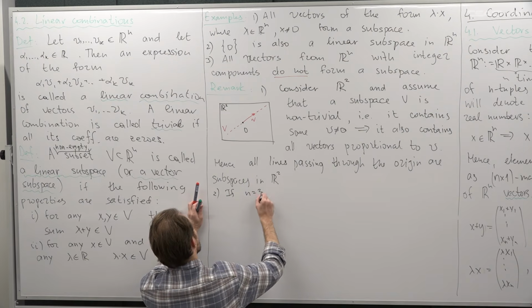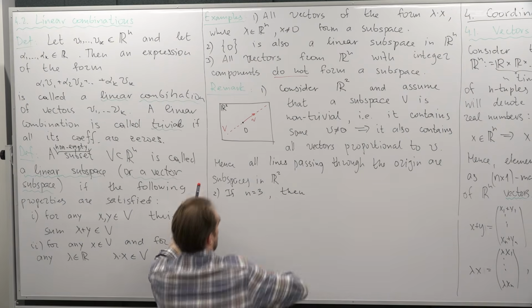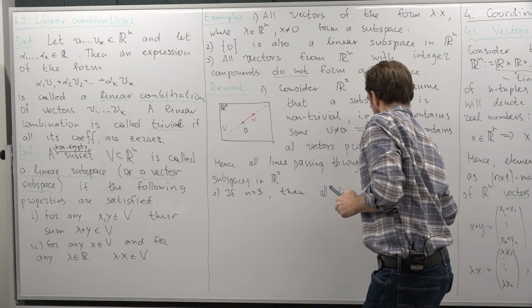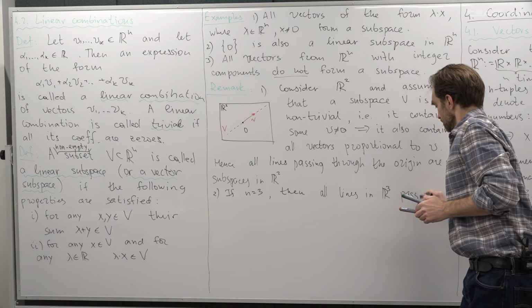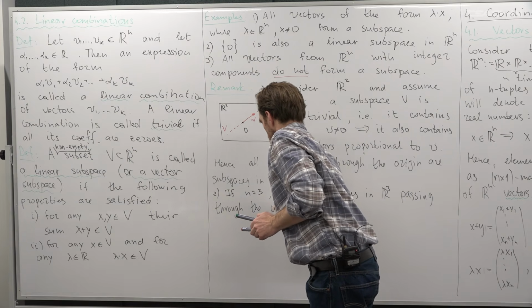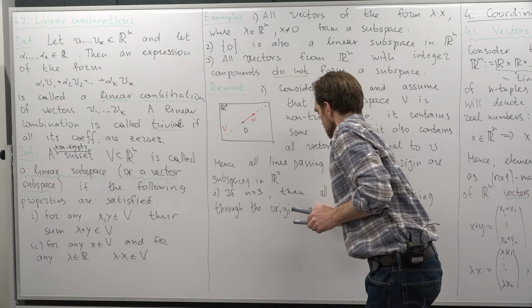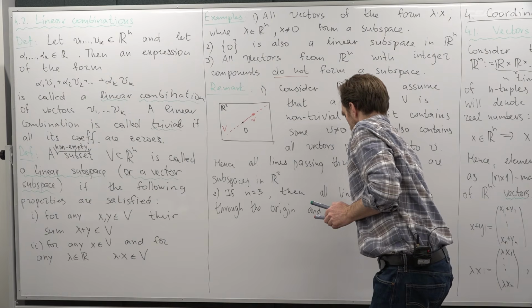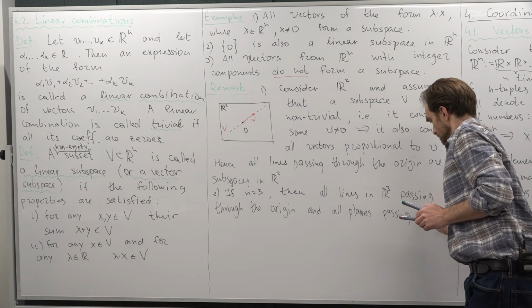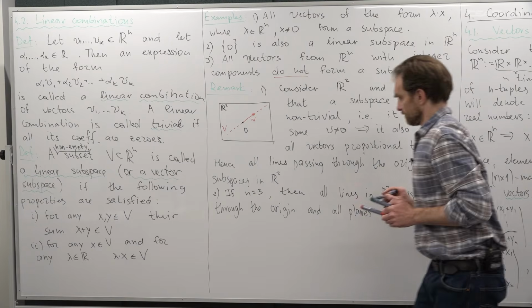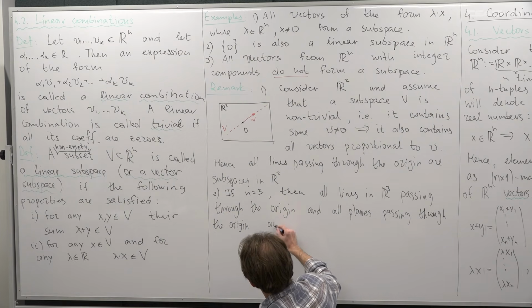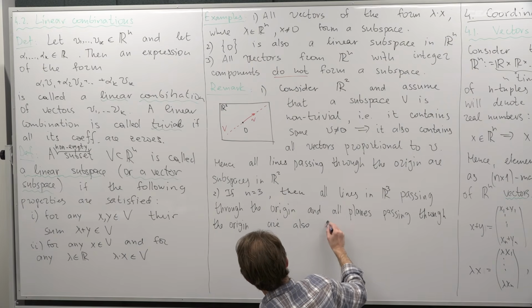So if n equals 3, then all lines in R3 passing through the origin and all planes passing through the origin are also linear subspaces.